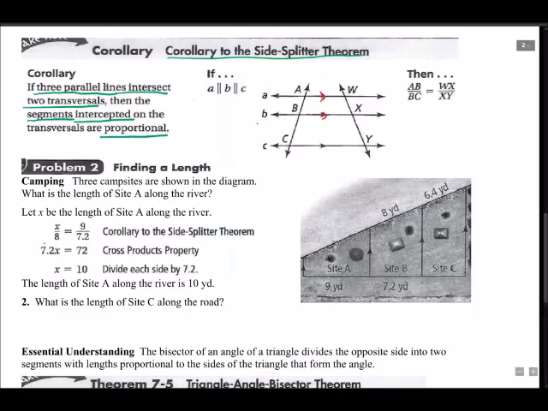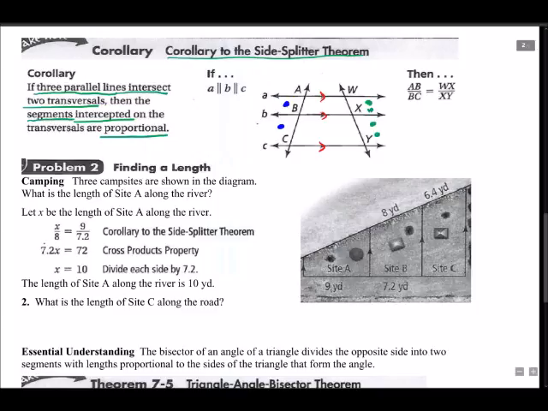We have our 3 parallel lines, and we know that AB is proportional to BC. And if that is true, then WX is proportional to XY.